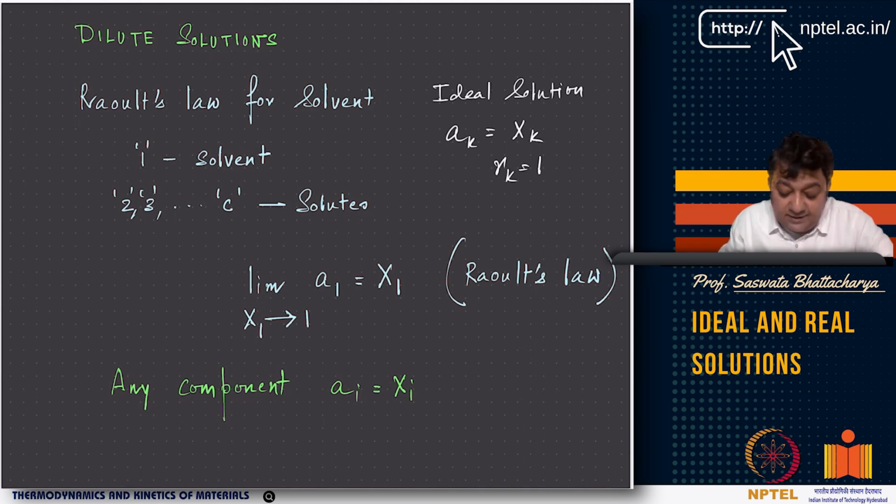So for any component we can write that. But it also holds for dilute solutions, because if x1 tends to 1, when 1 is solvent, then A1 will become equal to x1. If you have more solute, there is a deviation from Raoult's law, but as soon as the amount of solute decreases, it becomes so dilute that the solvent is like pure solvent, then again you get back Raoult's law.